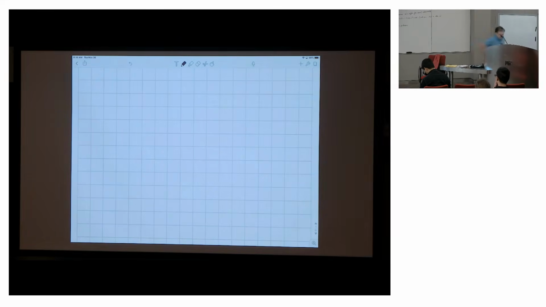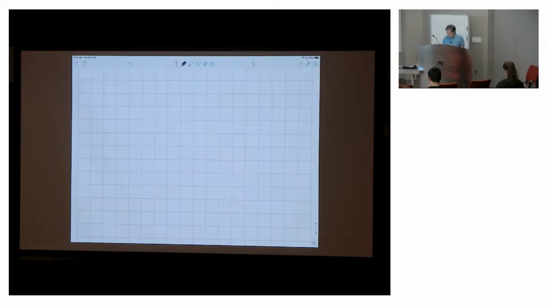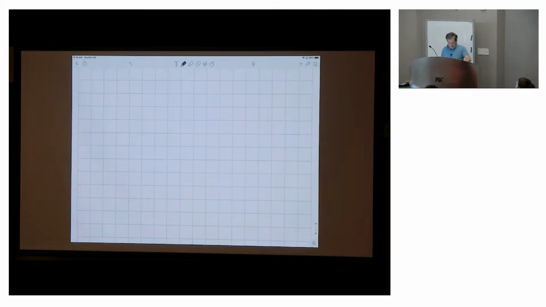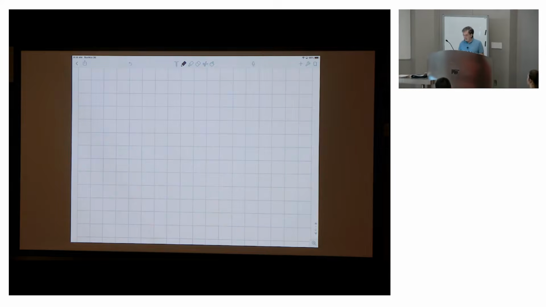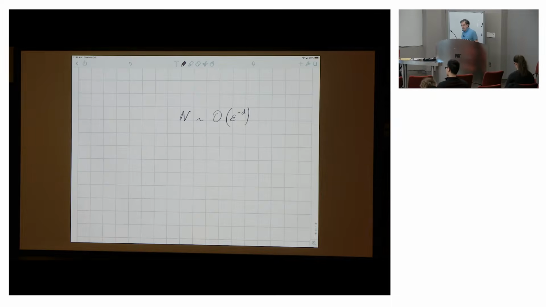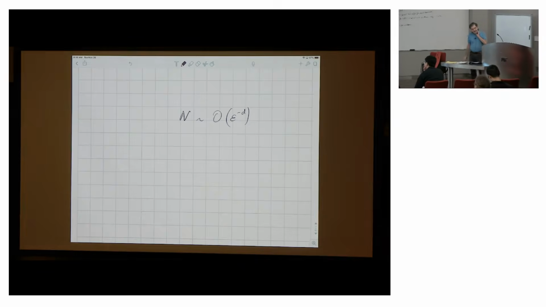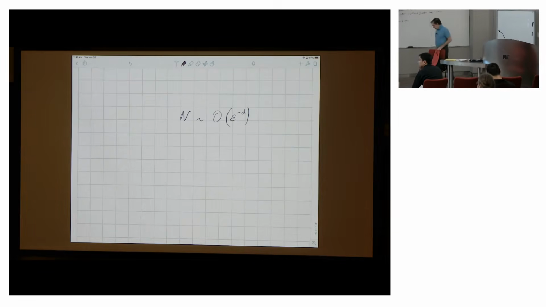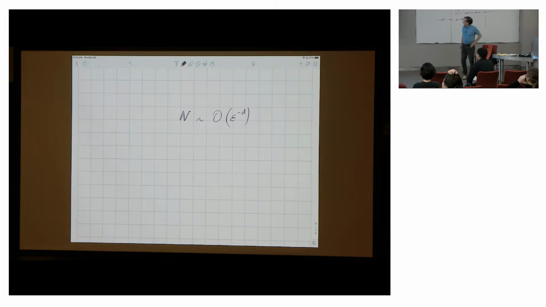And the answer for shallow networks, but also for deep networks, is that the number of units you need is on the order of O(epsilon to the minus D), where D is the dimensionality of your inputs. You have vectors X from R^D, and this is an upper bound.